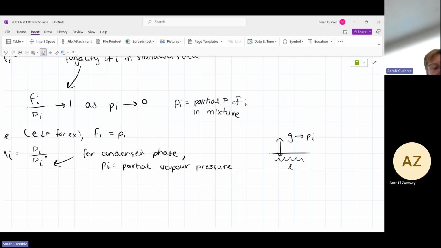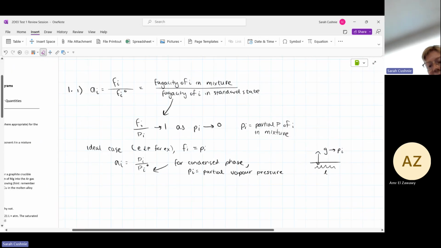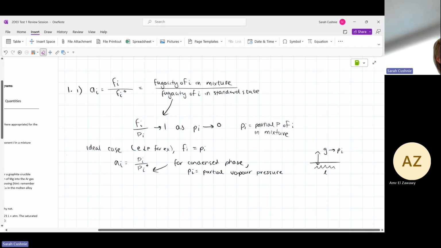So if you want to put this all into words, which I'm just going to say instead of writing down for the sake of time: activity is a ratio between the components, either like fi or pi, over the same value at standard state. So it provides an indication of how far the substance is from its standard state.